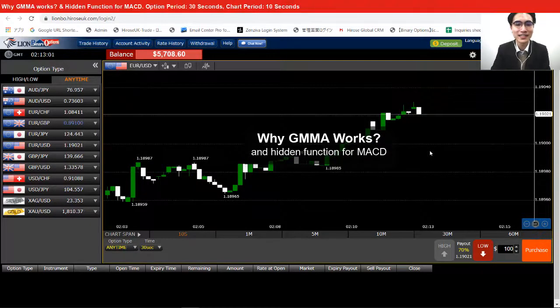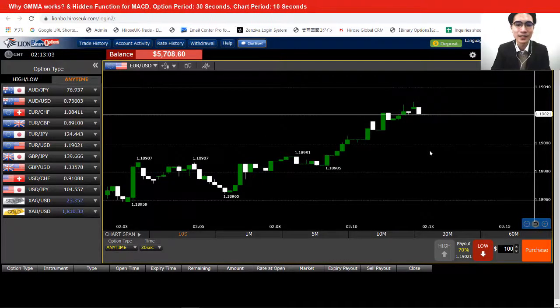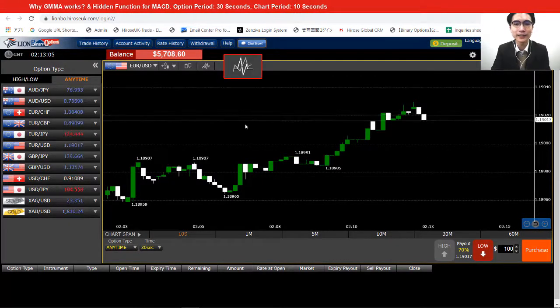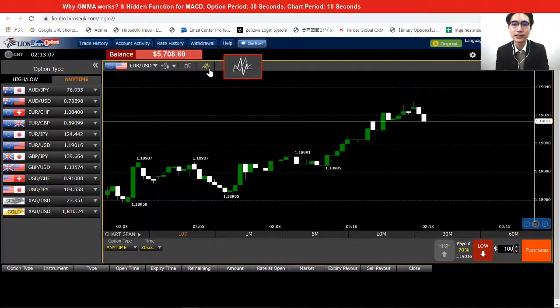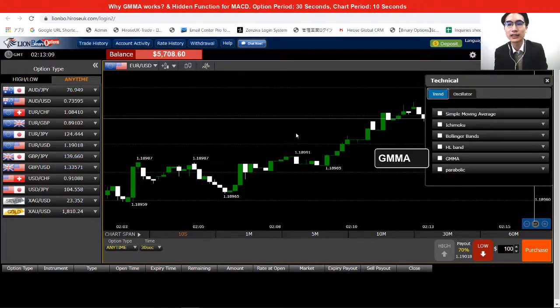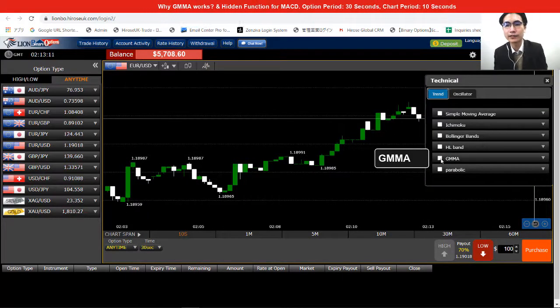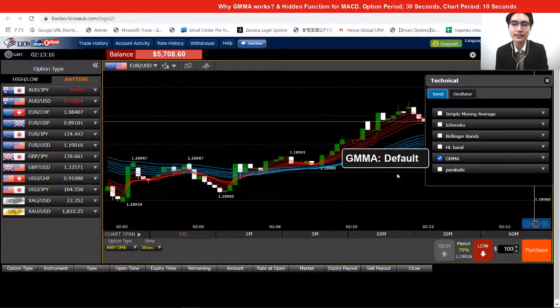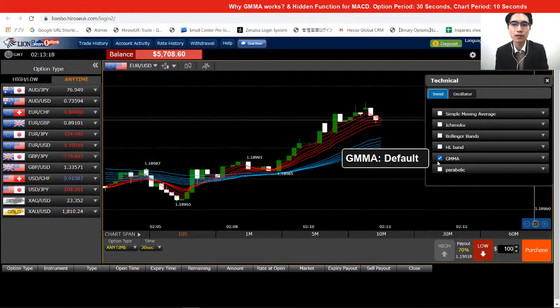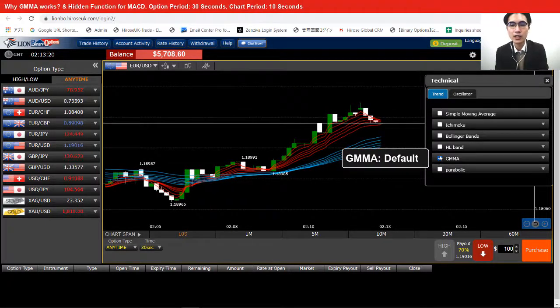So first, let me set up the technical indicators. Go to technical indicator, just click on that there, and then we will select the GMMA. That's the first indicator we use, so put a tick on GMMA. The setting for GMMA is on default, so nothing to change for that.